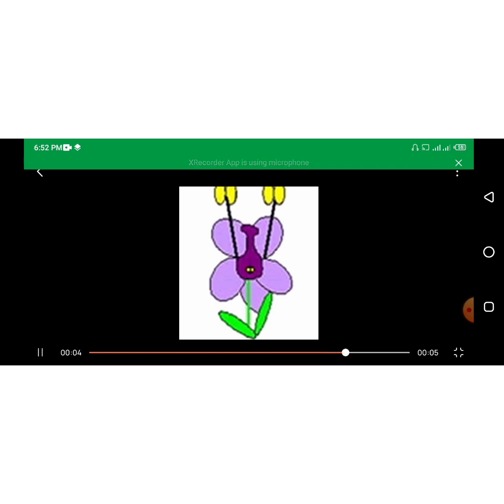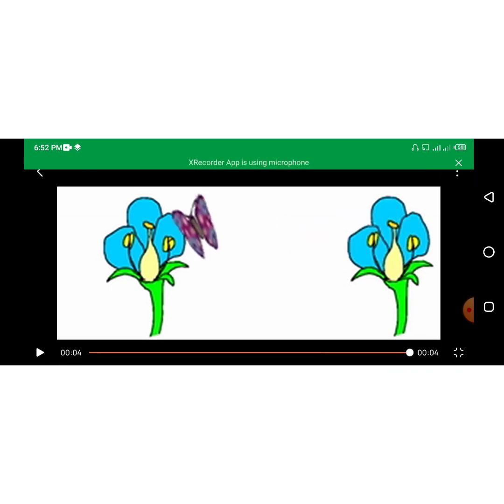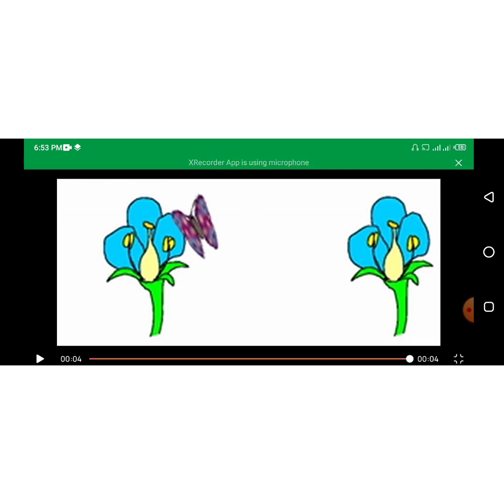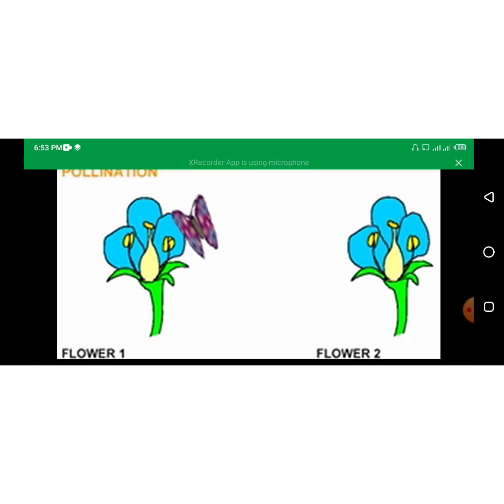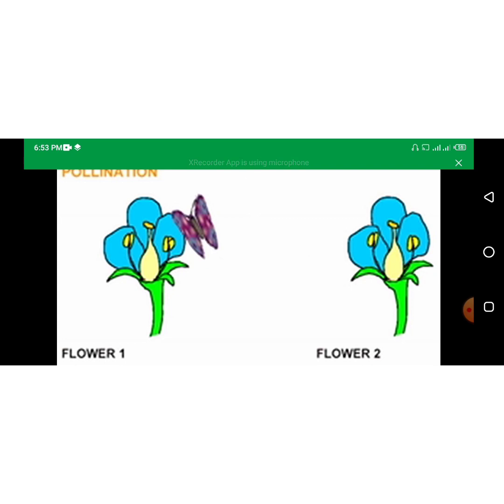However, in cross-pollination, a butterfly, the agent of pollination, is picking the pollen grains from the anther of a flower to the stigma of another flower.